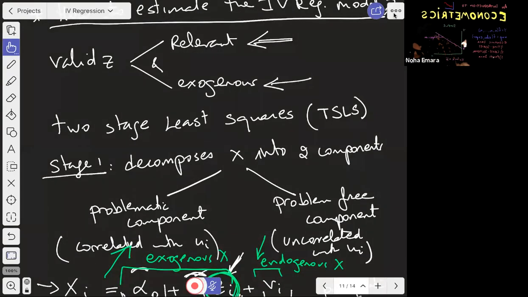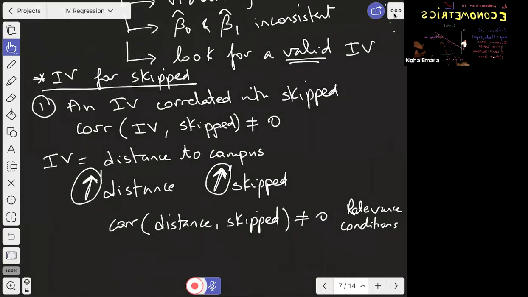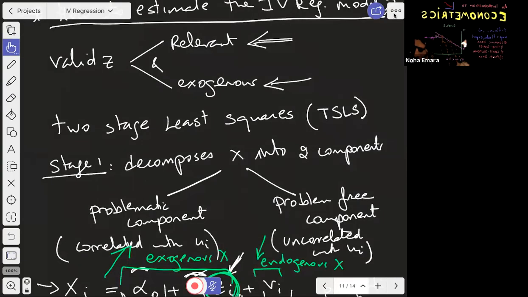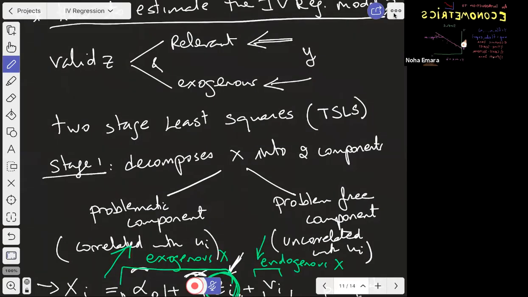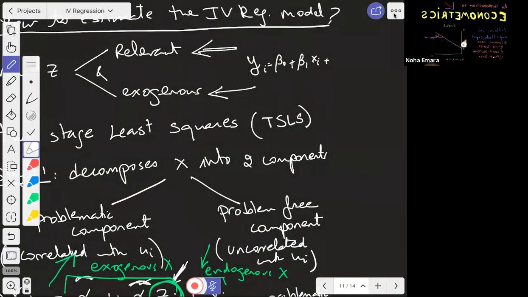Let me write it again here. So we started with a model that was very simple, where Yi was equal to beta 0 plus beta 1 xi plus ui.